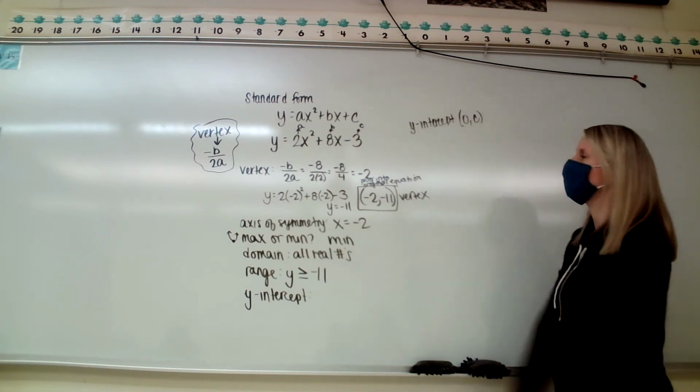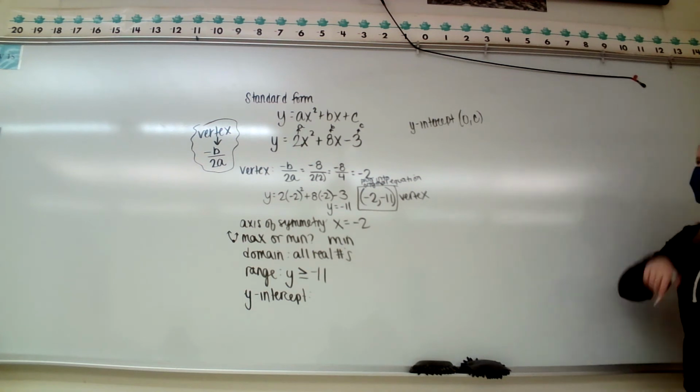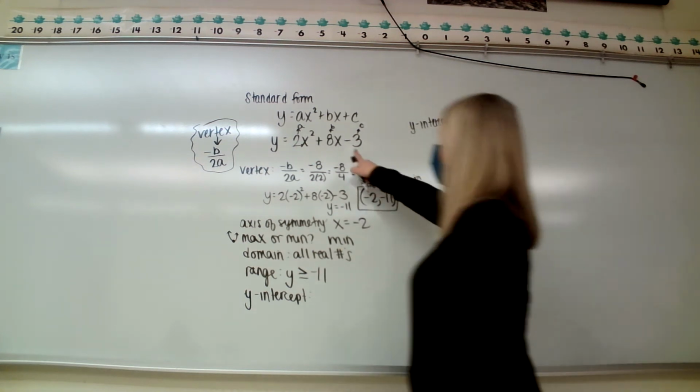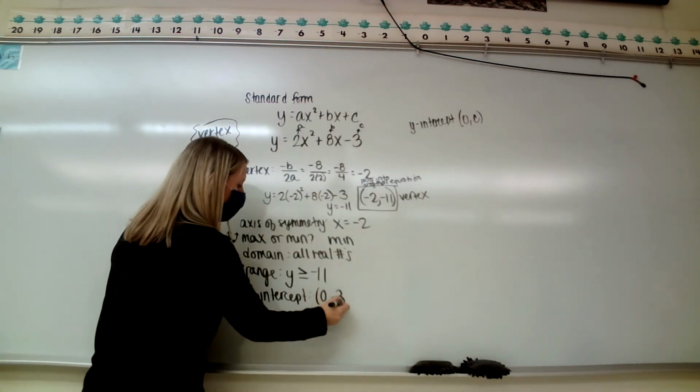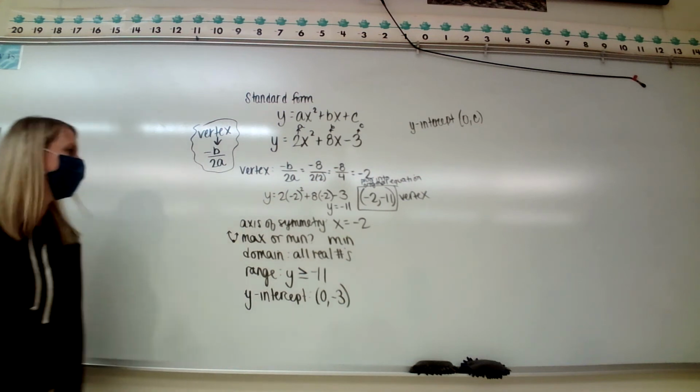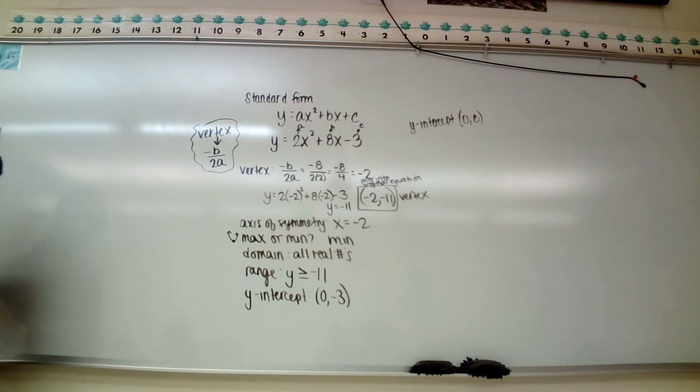So I'm just going to label it as (0, C) because we write it as a point. So if it ever asks for a y-intercept and it's in standard form, it's just whatever your C is. So in this case, our y-intercept is (0, -3). When it's in vertex form, you do have to do a little work to find it.